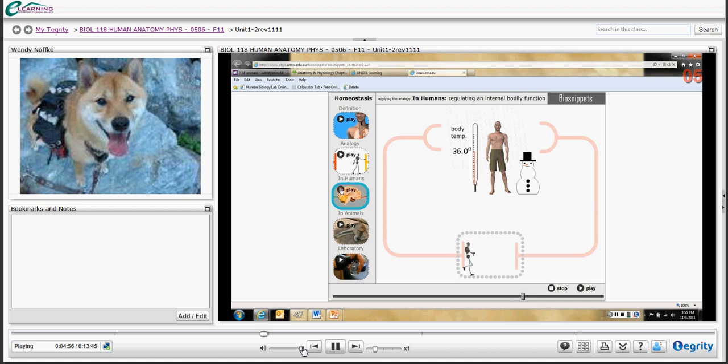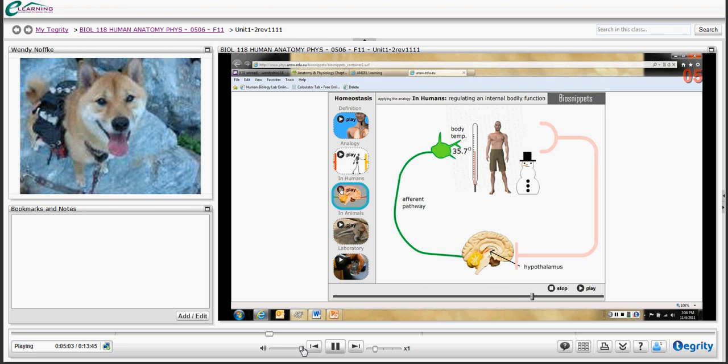In this example of biological homeostasis, we will be looking at how the human body maintains a stable core body temperature. The set point for human body temperature is typically about 37 degrees Celsius and is maintained by ensuring a balance between heat gain and heat loss through the mechanism of homeostasis. A stimulus, for example a drop in the temperature of the external environment, will be detected by temperature sensors in the human skin.